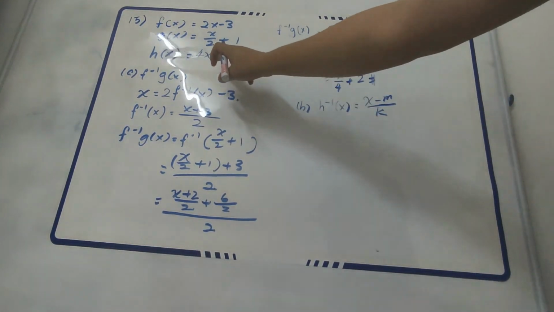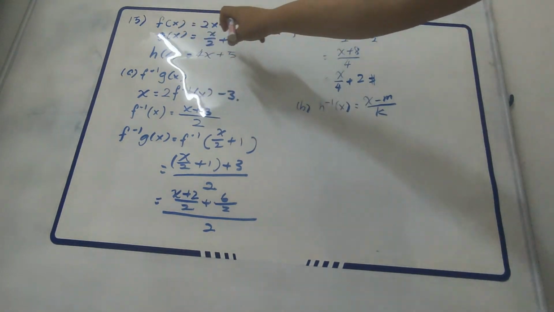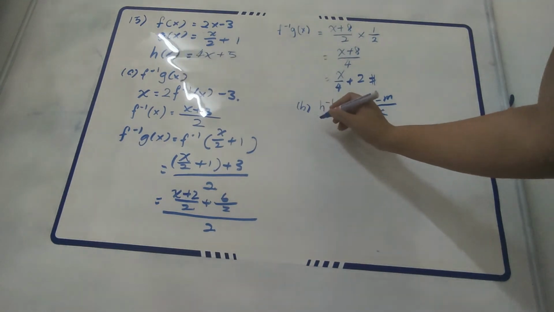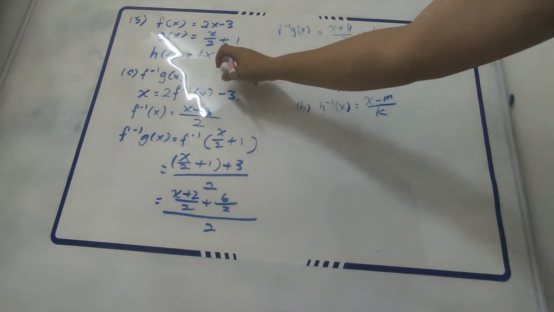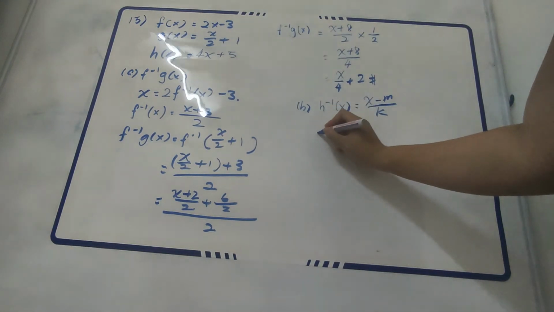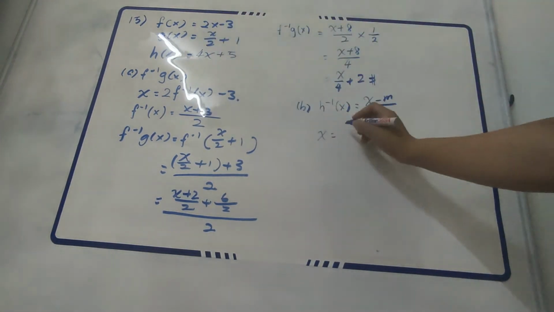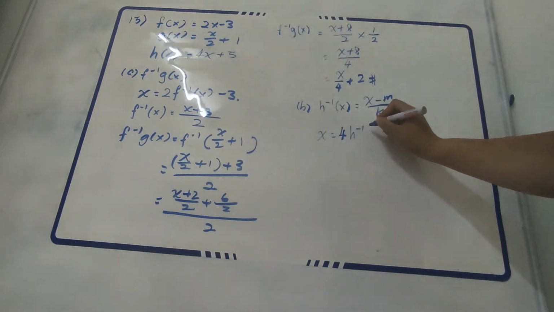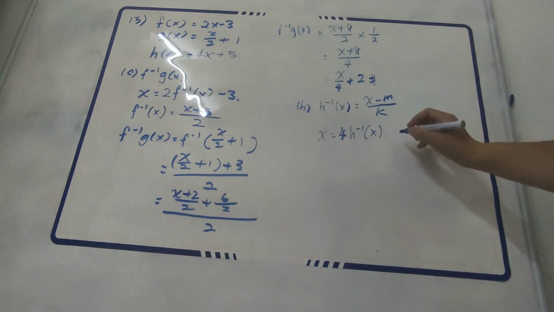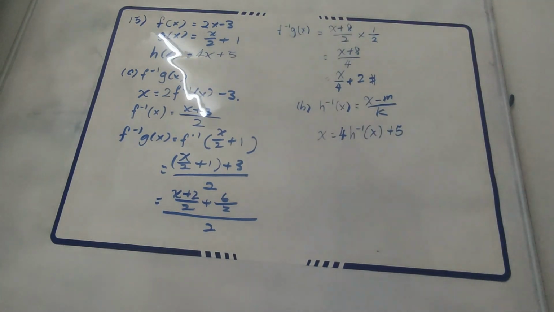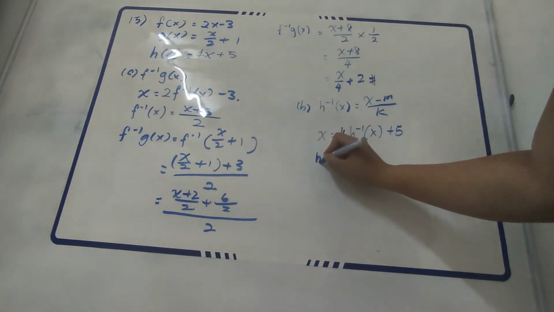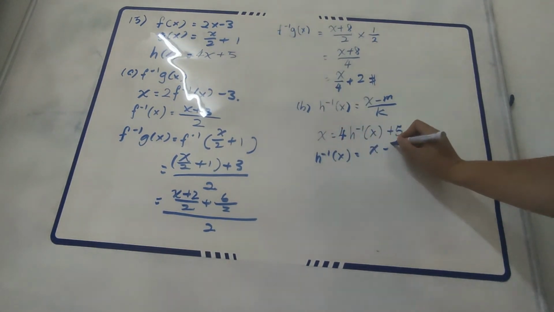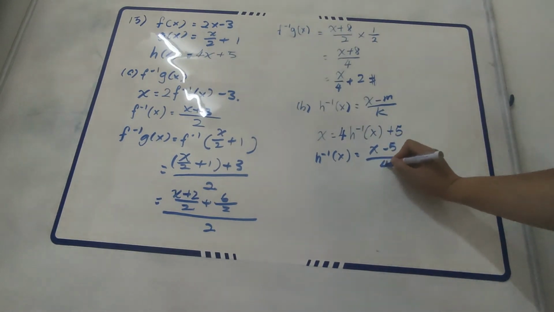To find this, you need to do the comparison. What is the inverse function of h? Same as before, the function of h becomes x, and then 4 times your x becomes the inverse function of h, plus 5. Then the inverse function of h is (x minus 5) divided by 4.